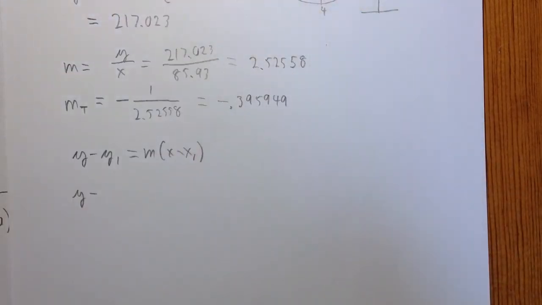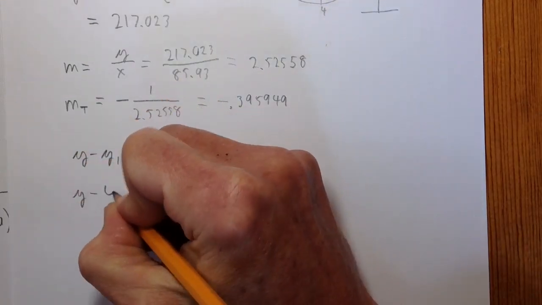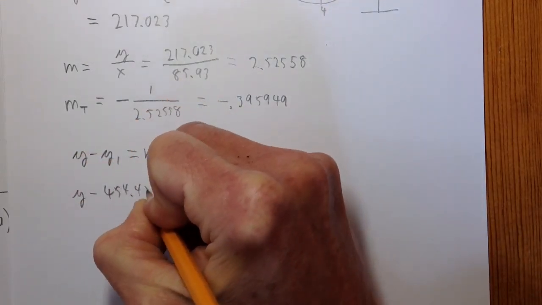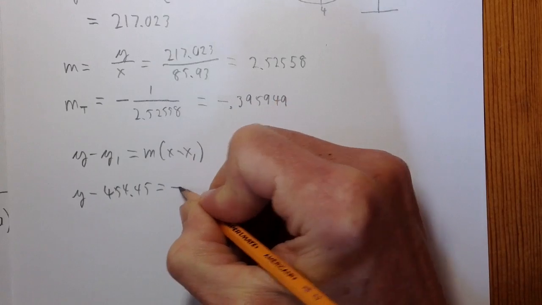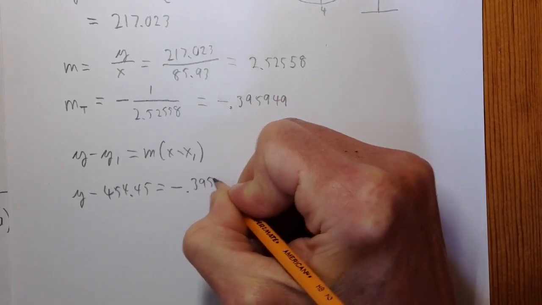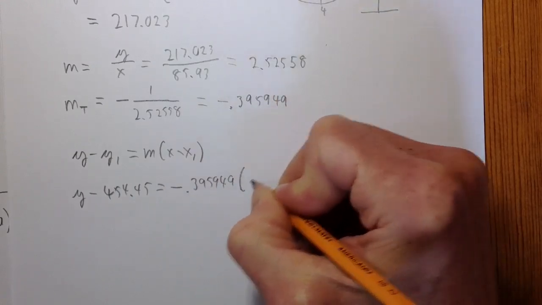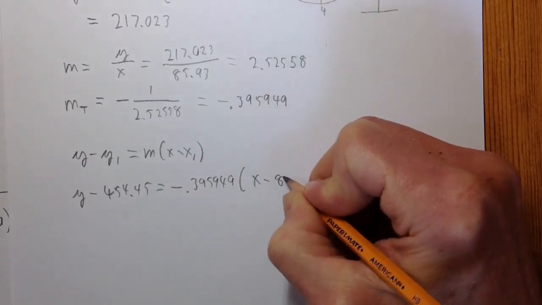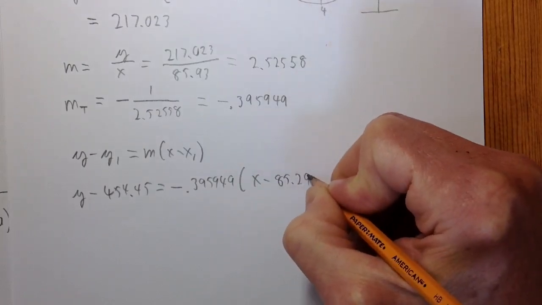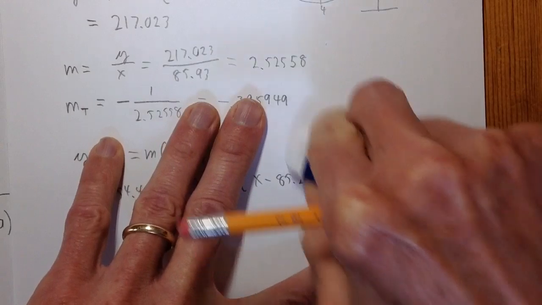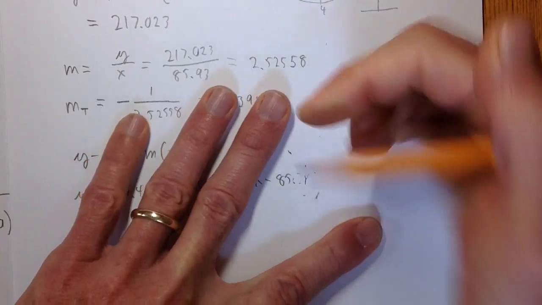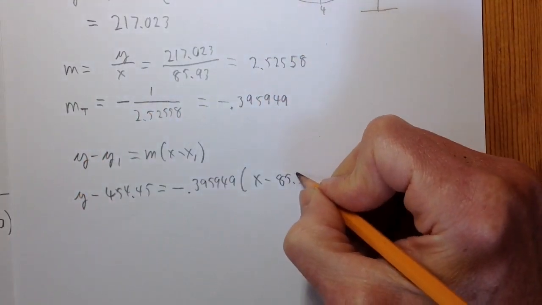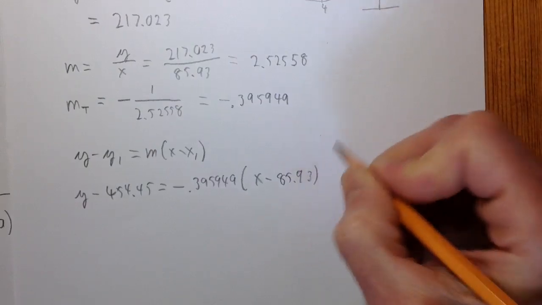So y minus y1 is 454.45 equals the slope, negative 0.395949 times x minus 85.93, and a lot of calculating now and not making mistakes.